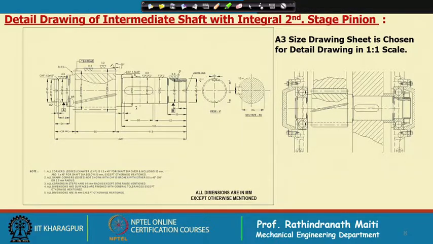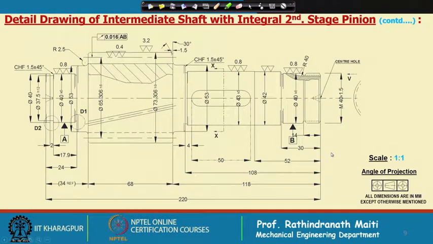So, if we use an A3 size drawing sheet for all component drawings, that is good for documentation, everything. Of course, for the detailing of the housing, perhaps we have to go for a larger size drawing sheet. These are minor issues, but still we can remember. Now, the scale is 1:1, and again third angle projection we have followed.